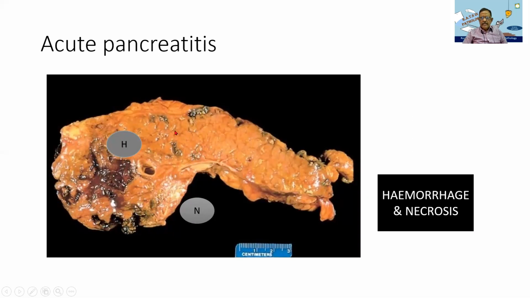The orangish color is normal parenchyma, in which I am finding areas of hemorrhage, and there are also some pale chalky white or grayish white areas which are areas of necrosis. So areas of hemorrhage and necrosis will be grossly seen in the pancreas.